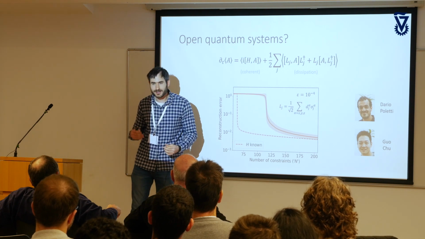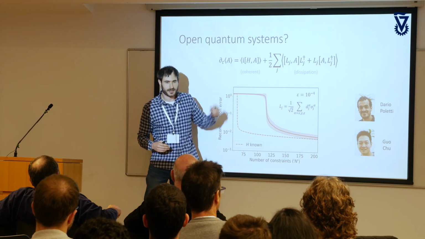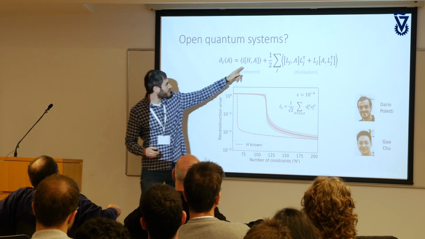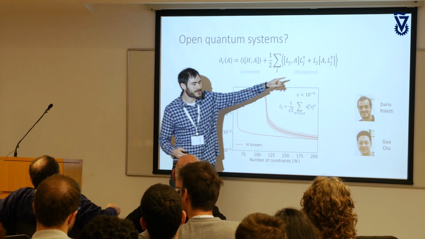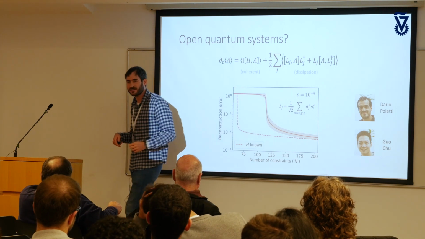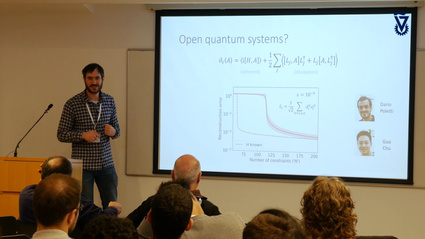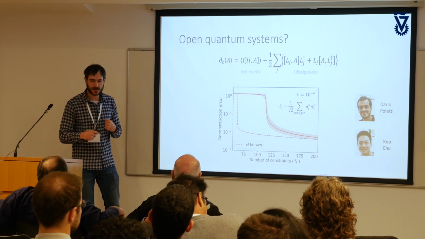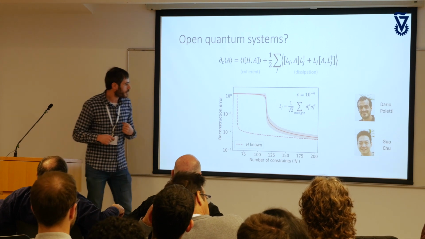So surprisingly, by measuring the steady states of these Lindblad evolutions, we can extract both the Hamiltonian dynamics and the dissipation that affected the system before it reached its steady state. So the steady state really contains the information about the previous evolution.